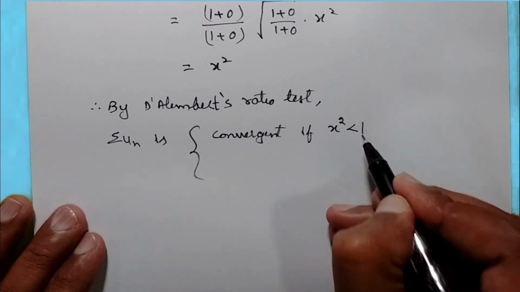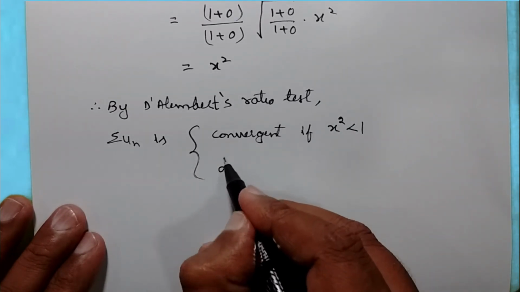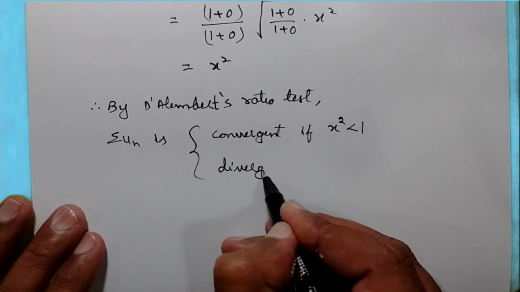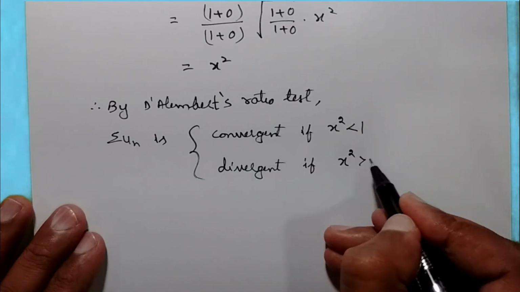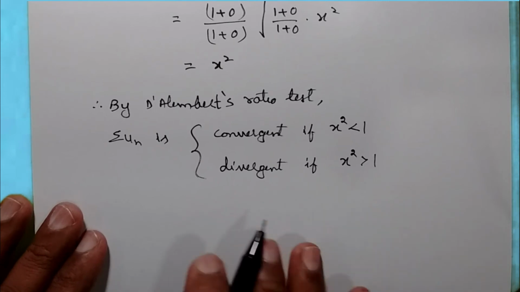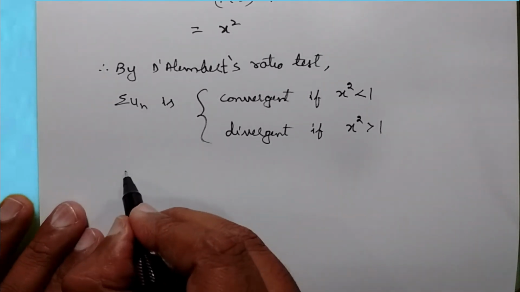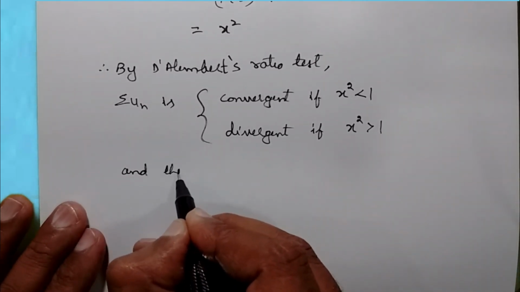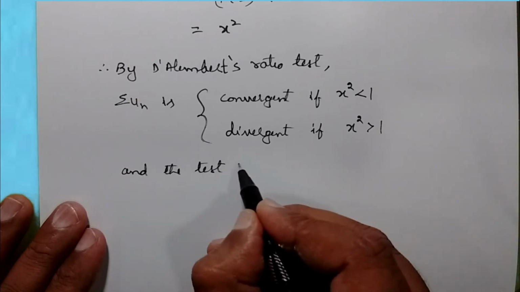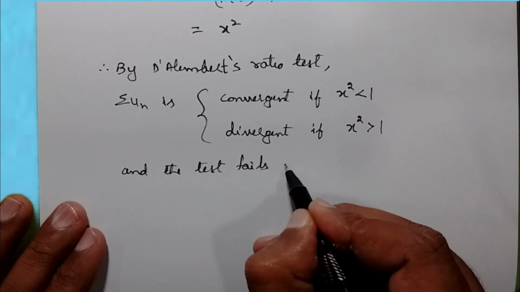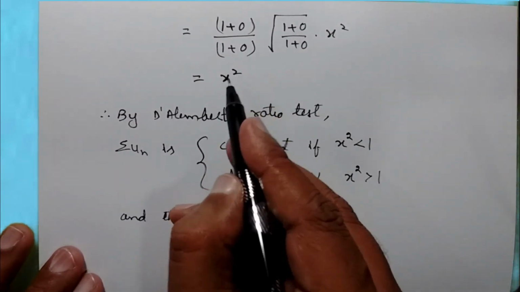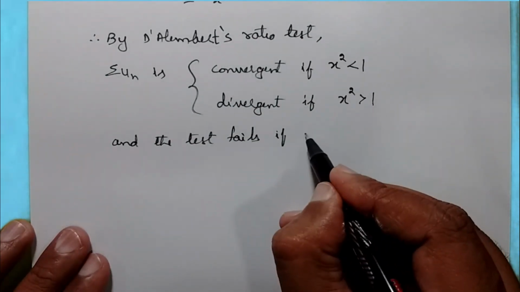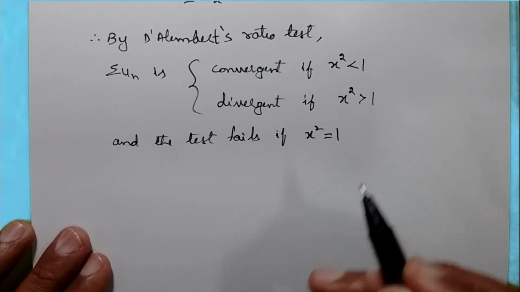And when will it be divergent? If this x square is greater than 1. And the test fails if this value of x square is equal to 1.